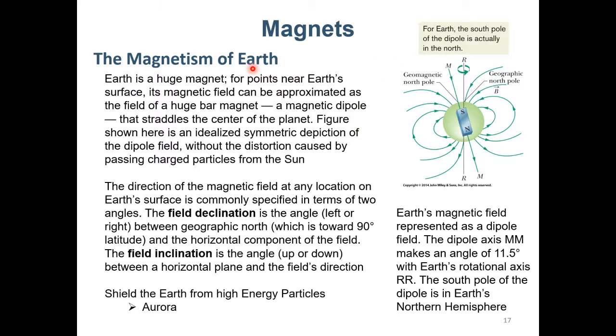So up till now, you know that we don't have magnetic monopoles. We only have magnetic dipoles, but we still want to know how the magnetic field comes about. We know that it can be generated by current.